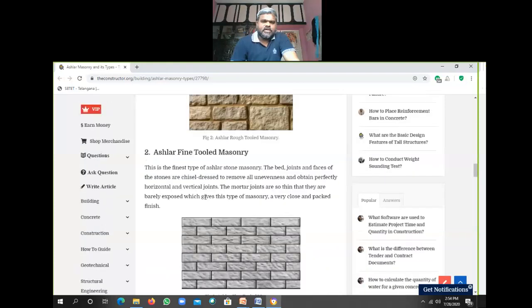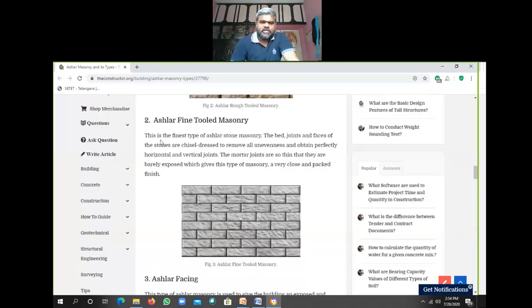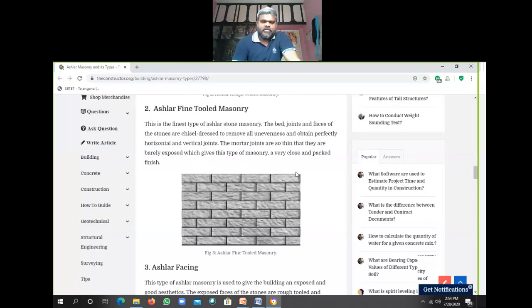Ashlar fine-tooled masonry is the finest type of ashlar masonry. The bed joints and faces of the stones are chiseled to remove all unevenness and obtain perfectly horizontal and vertical joints. The major joints are so thin that they are barely exposed, which gives this type of masonry a very close and packed finish.